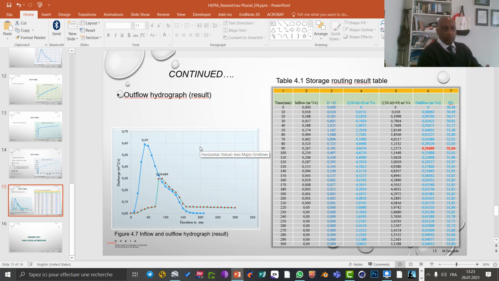Voila. We designed our basin now. We have all the discharge and the elevation. Now it is easy to build the basin. That's how we design a rainwater basin in an urban area.